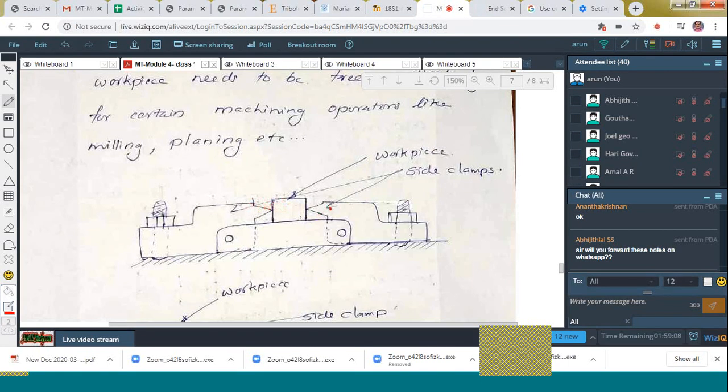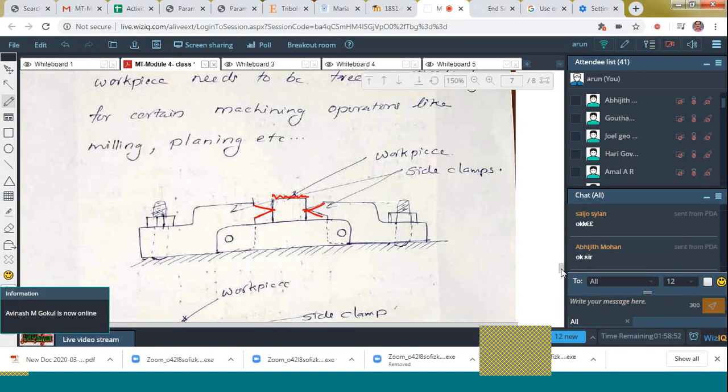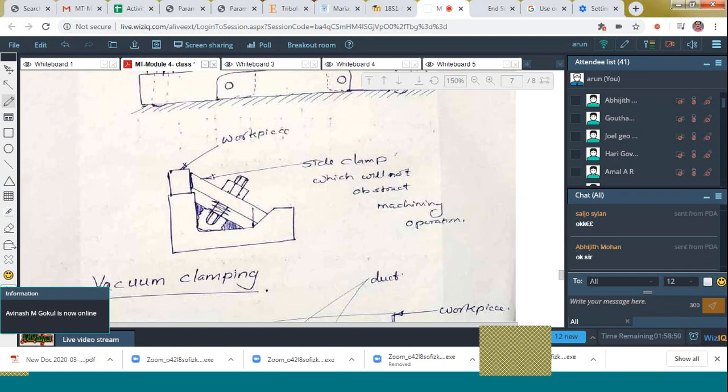I will upload the video also, the video of this class also. So here is the side clamp. Here you can see that very easily you can machine the top surfaces. And here another strap clamp, that is what I drew here. You can see that the stud is completely dropped into here, and here there is a spring over there.